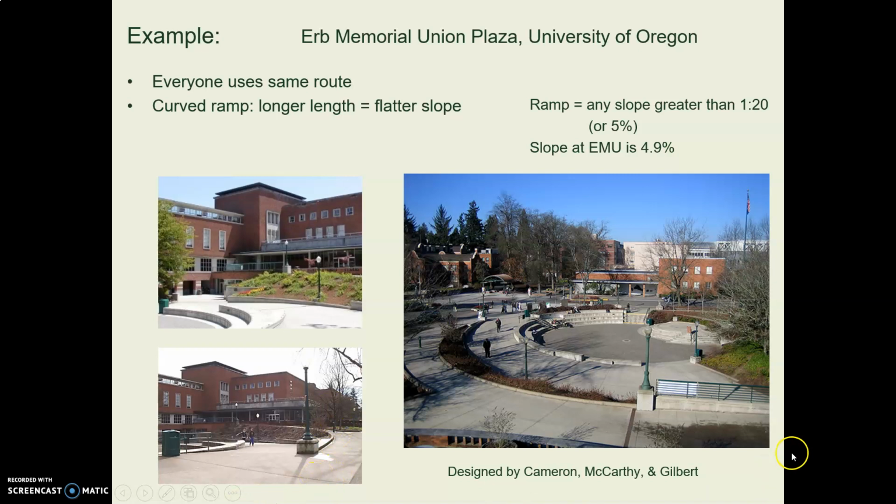And so Cameron McCarthy Gilbert, a local landscape architecture firm, redesigned the entrance with this circular pathway. And because a ramp steeper than 5% has to have handrails on both sides, Gilbert, who designed it, designed the slope at 4.9%. So it does not require handrails.